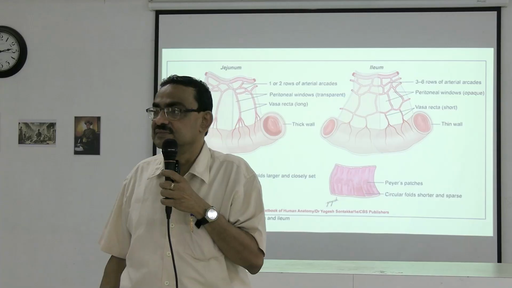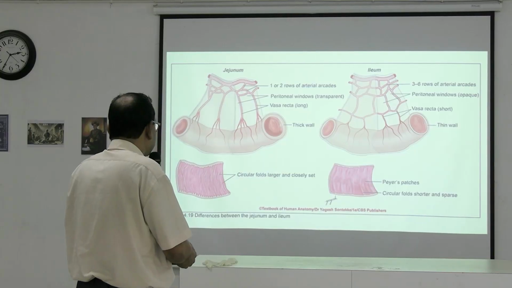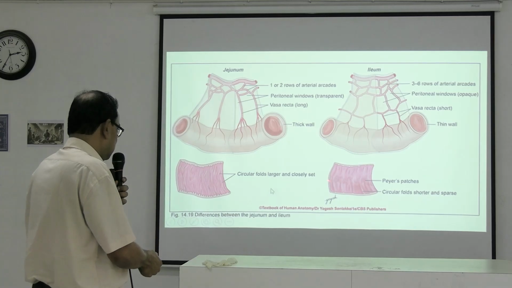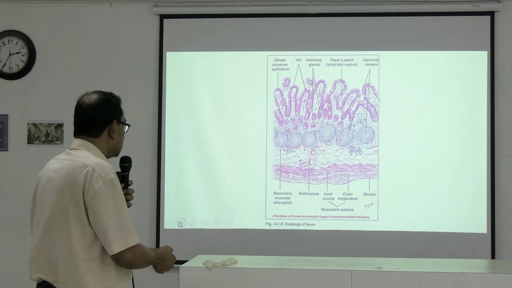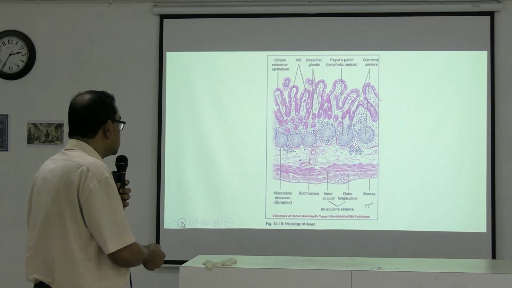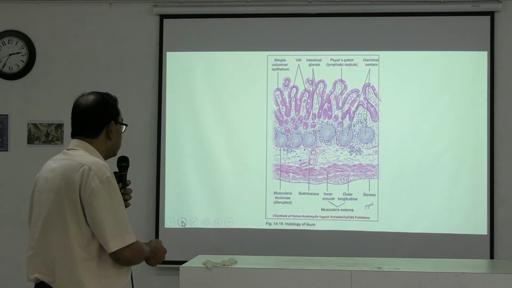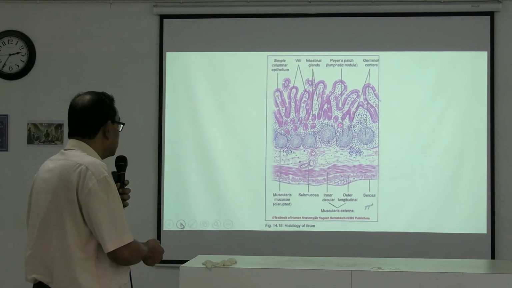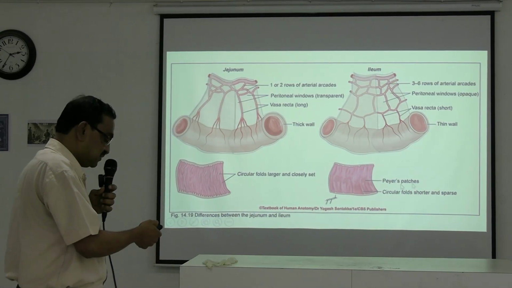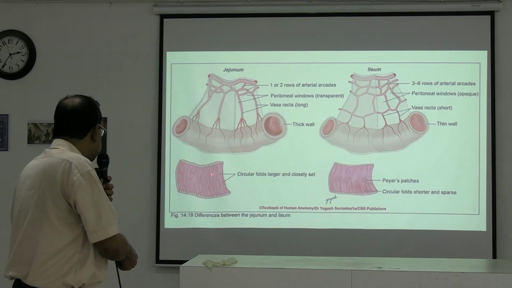But in the ileal end, there is aggregation of solitary lymphoid follicles, and we can get this structure. So these are the solitary follicles, and when they get aggregated, they form the Peyer's patch.